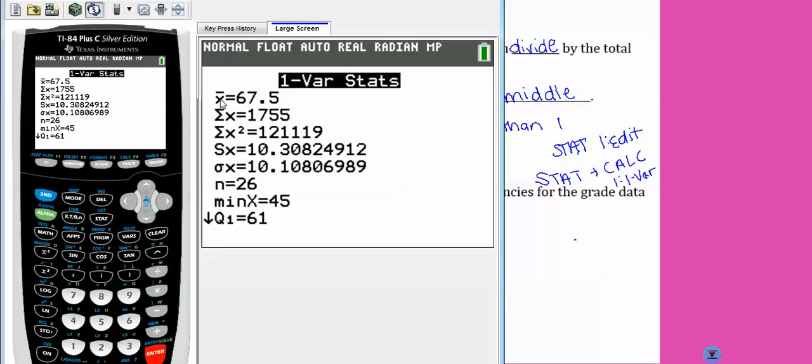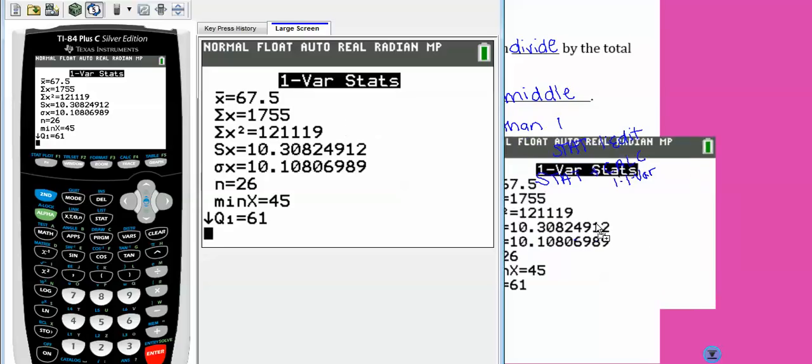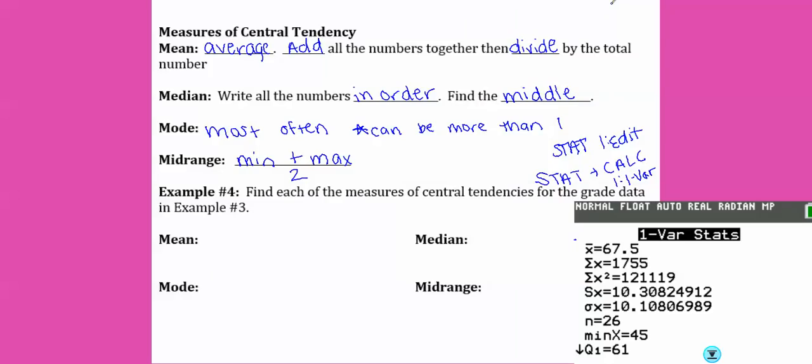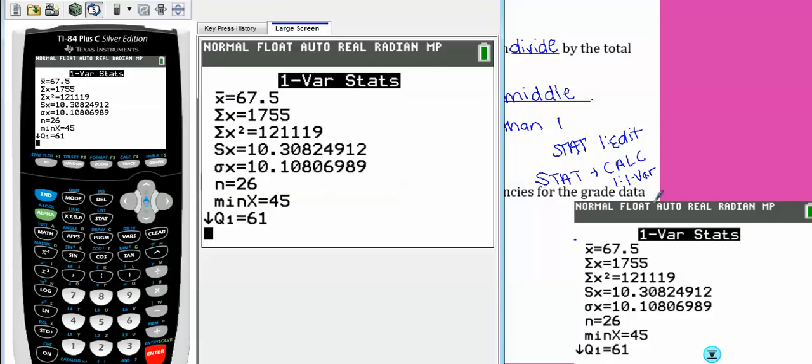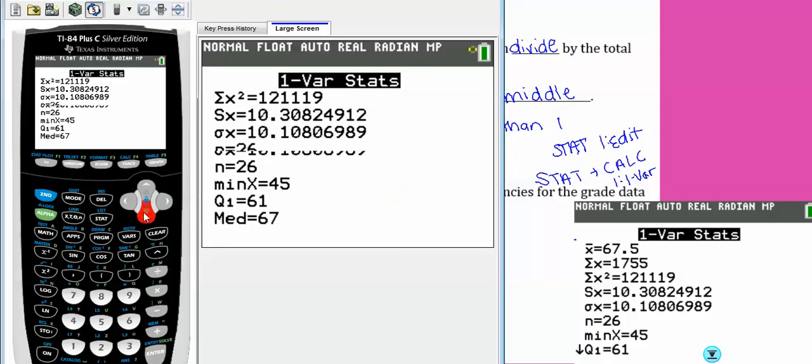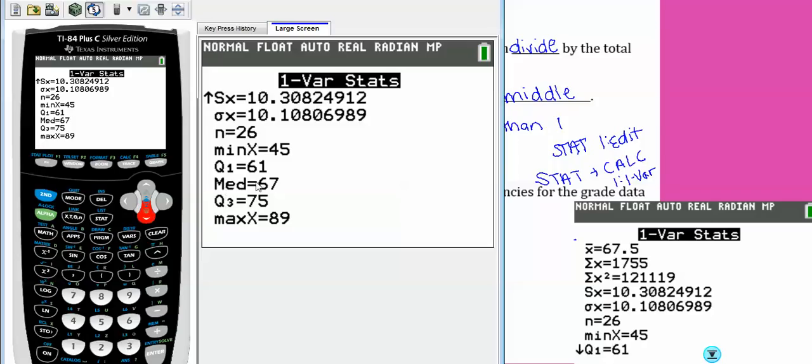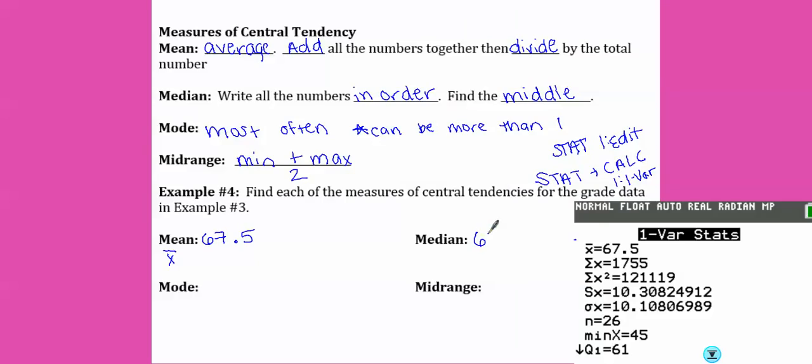The first thing in there, the x with the line over it, is your mean. So our mean here is 67.5. If I scroll down on here, MED, that's my median. My median is 67. Mode, we can't do on the calculator.